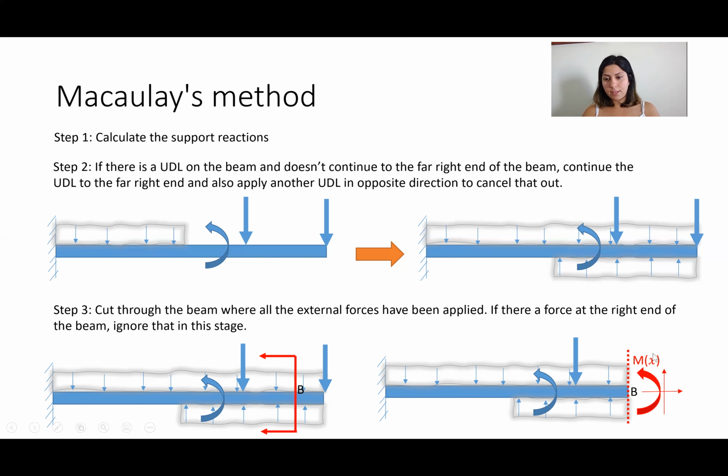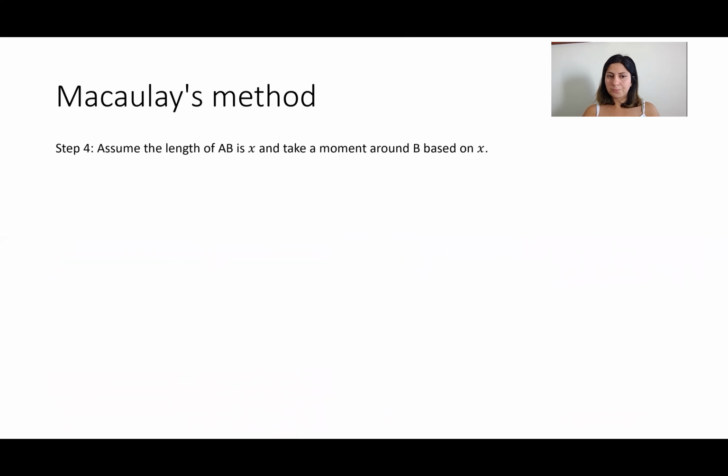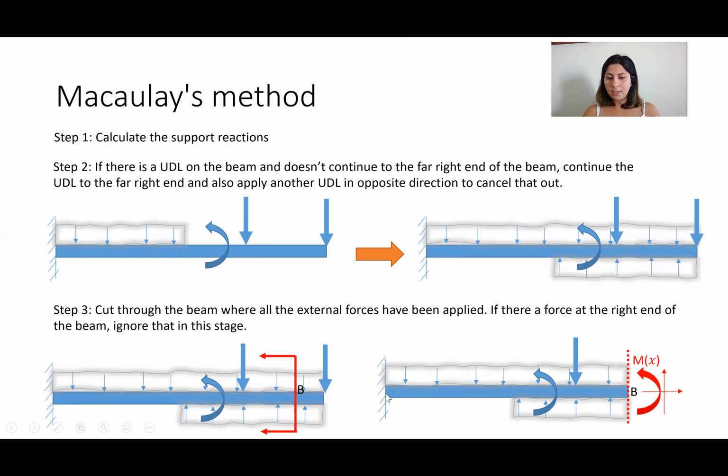So I have Mx. What I do in the next step is assume that from the beginning, which is here, to B, the length is x. And you need to derive the equation for Mx based on that x parametrically.